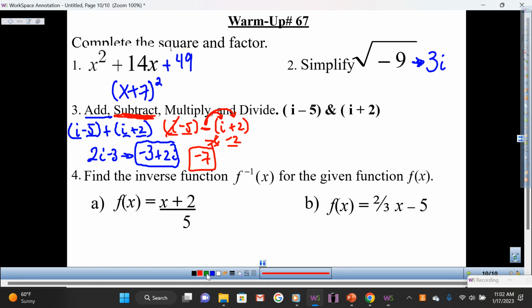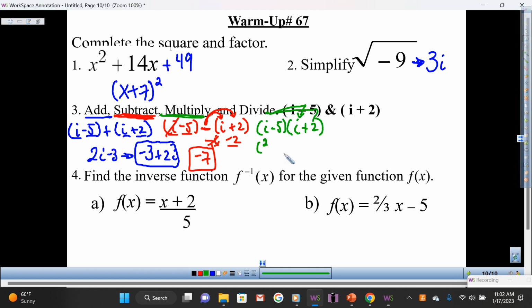Next, multiply. i minus 5 times i plus 2. Now, how many ways have we multiplied? We multiplied using the area model. You guys remember that? Yes. How about distributive property? Yes. How about vertically? Yes. I'm going to use distributive property. Here we go. What is i times i? i to the second.